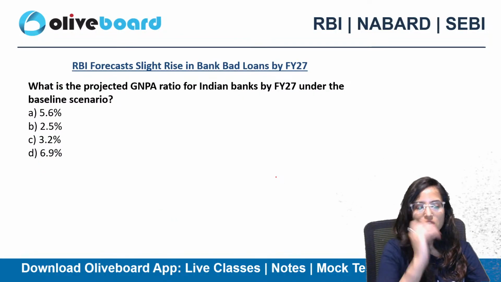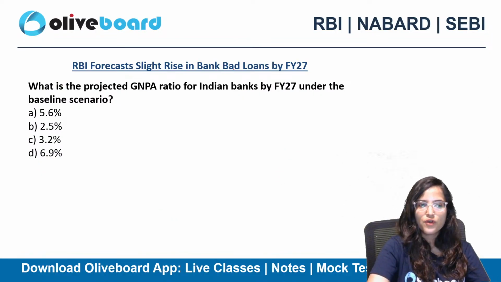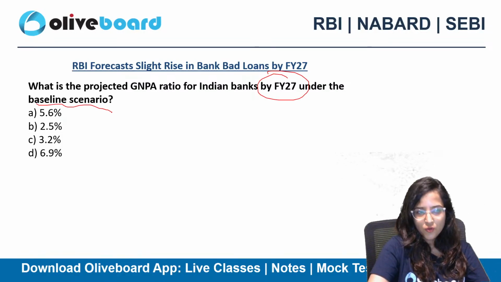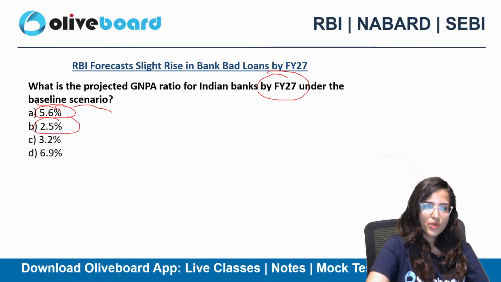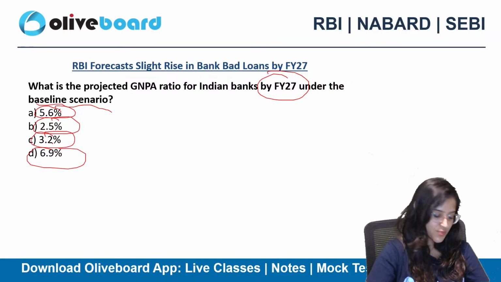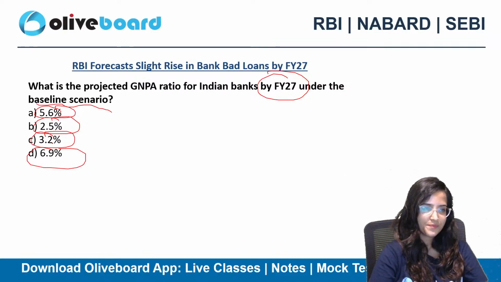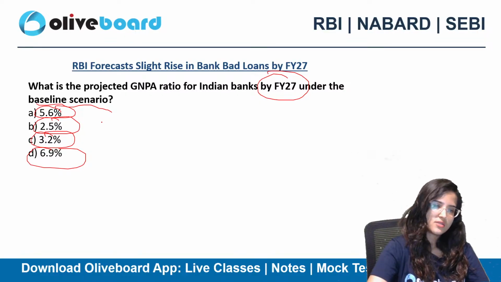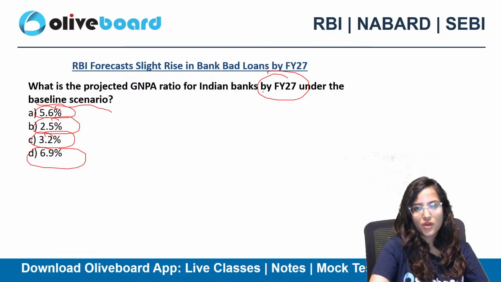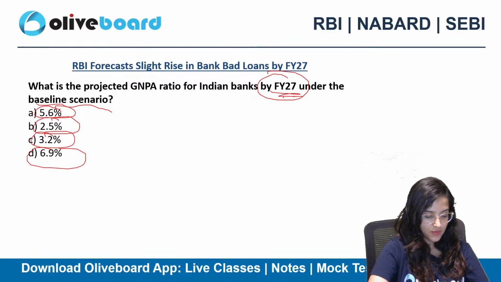So what is the projected gross NPA ratio for Indian banks by financial year 27 under the baseline scenario? 5.6%, 2.5%, 3.2%, or 6.9%? What is the answer? Only Aryan has given me the answer.